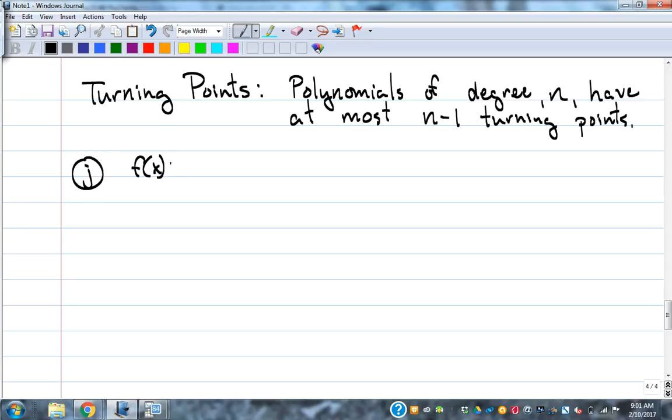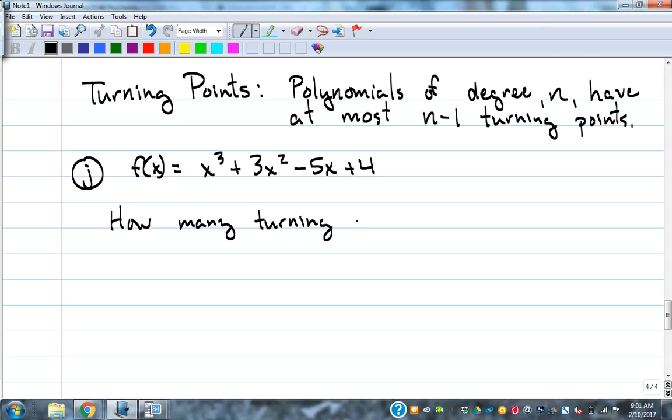F of x equals x cubed plus 3x squared minus 5x plus 4. How many turning points does f of x have? What's the degree?